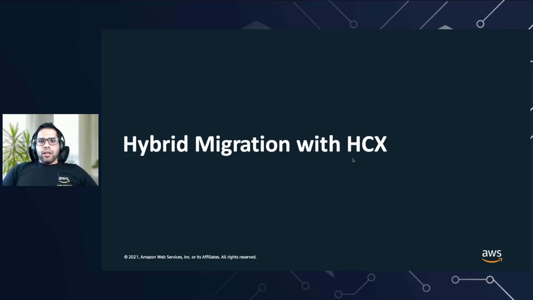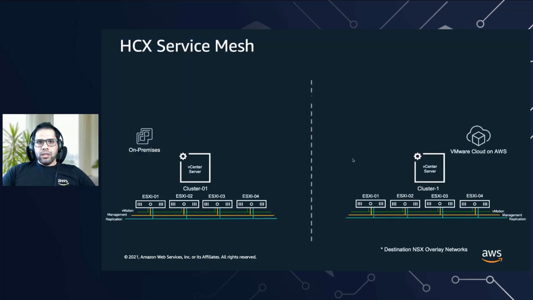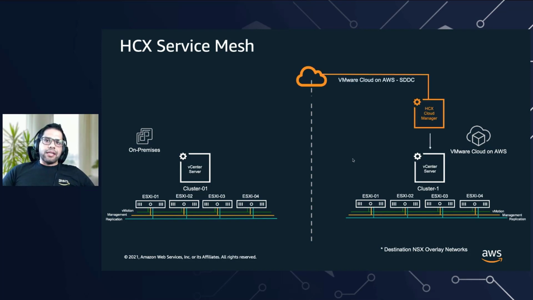Now, let's look at the second approach, which is about migrating using the HCX or Hybrid Cloud Extension. So the way HCX works is it creates a service mesh that interconnects the on-premises and cloud environments. The HCX Cloud Manager is deployed at the click of a button, and all required configuration in the cloud is automatically done.